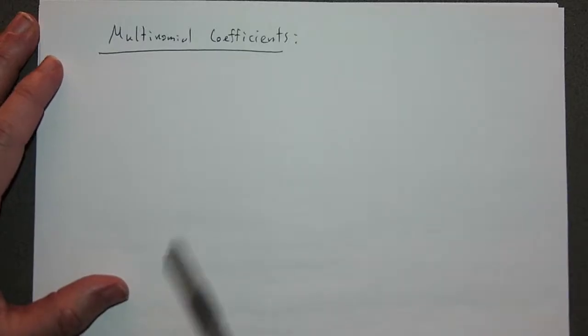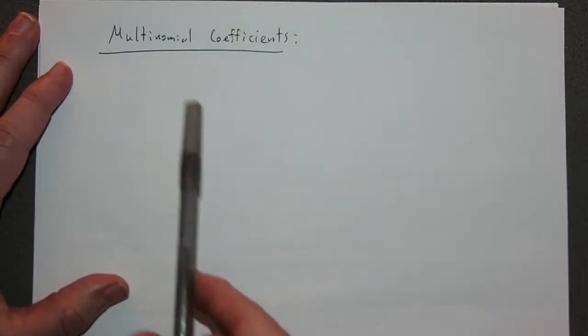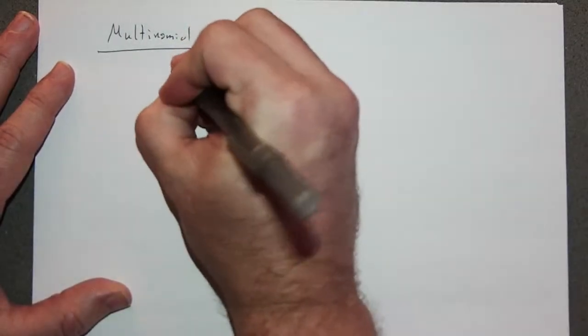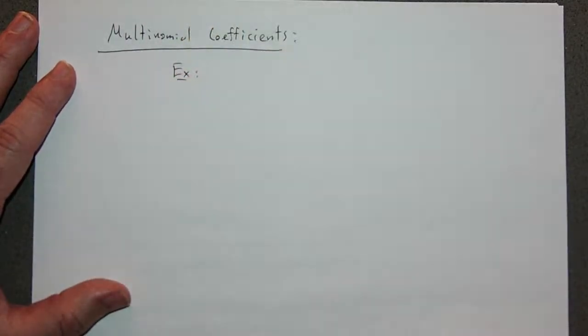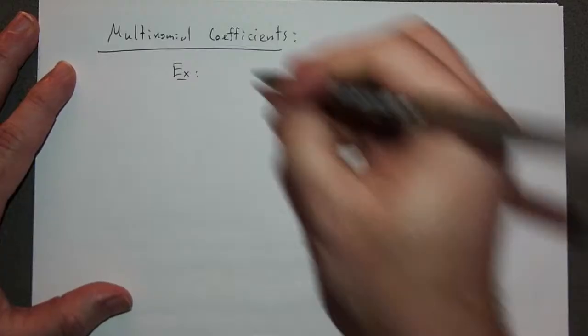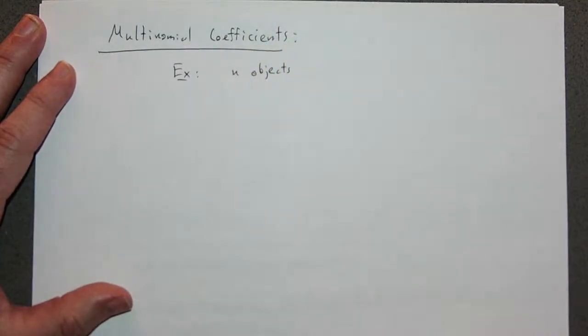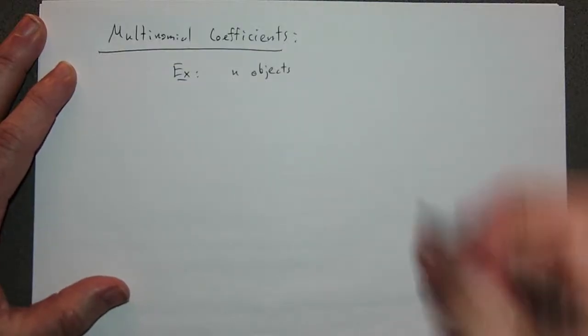So let's see how this is a direct generalization of the binomial theorem with the following example. Suppose that I have n distinct objects, and I want to place them in two boxes.